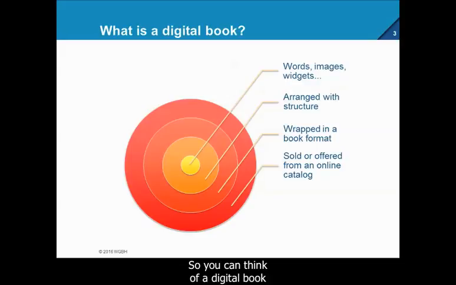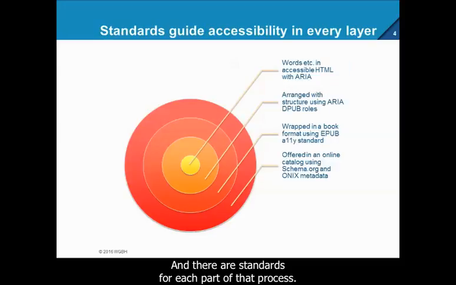So you can think of a digital book as being kind of a layered structure. In the middle are the words or images or interactive widgets that make up the content itself. Those are arranged in a structure, and that's then wrapped in a book format, and it can be sold or offered from an online catalog or a website. And there are standards for each part of that process. So the words and so on in the middle should be structured in accessible HTML and use ARIA.